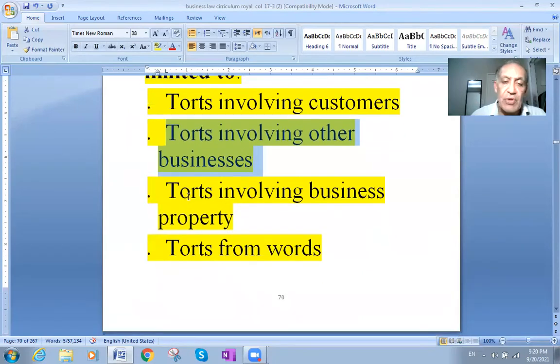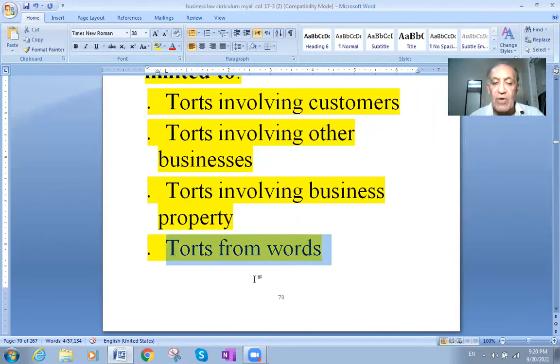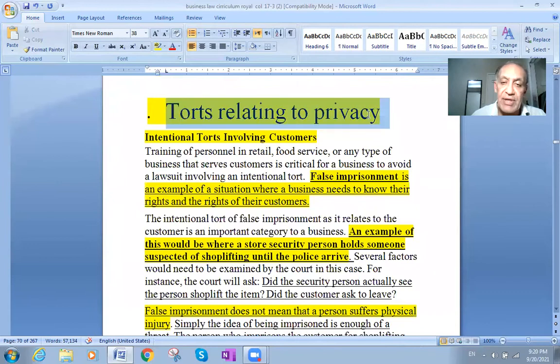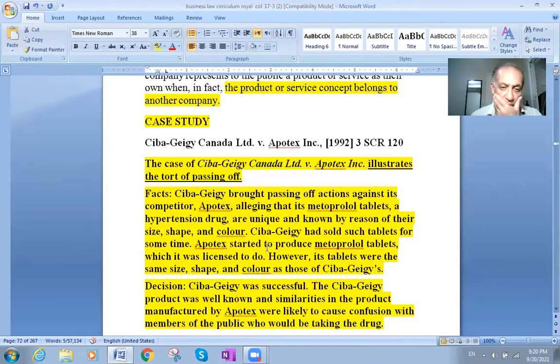Tort involving business property. Tort from words, like abusing or scolding. Tort relating to privacy. Those are the types of tort.